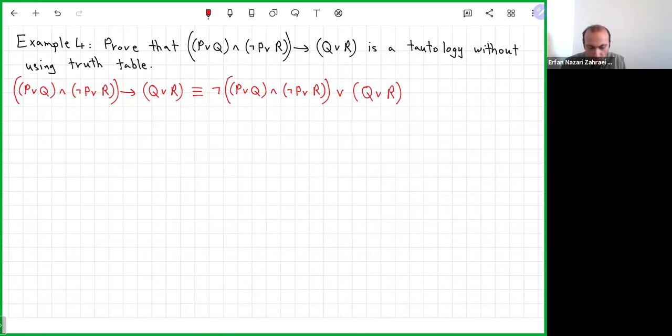Then it's very natural. I have a not of a parenthesis connected with and. So it's very natural to use De Morgan and distribute this not into this. If you do that, you get this, and then I need to switch this to or.